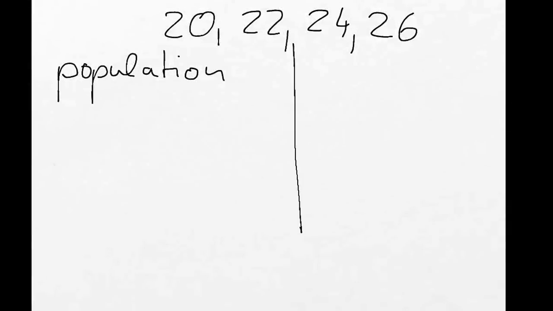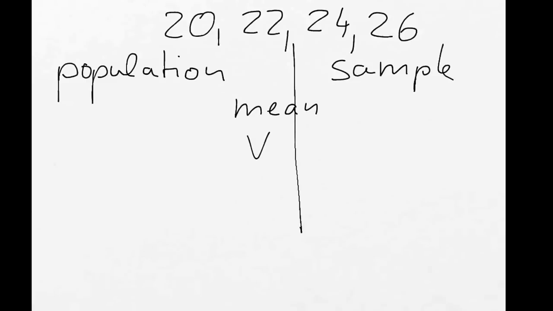So half of you, this half here, treats that as a population, and this half treats that as a sample. Yeah? So what I want you to do is calculate the mean, calculate the variance, and calculate the standard deviation. And I just abbreviate it like that. Okay?